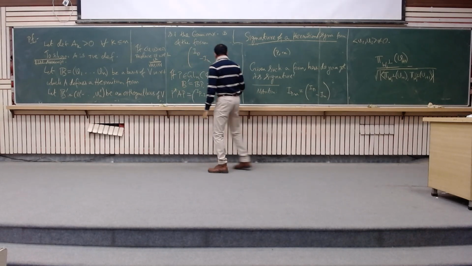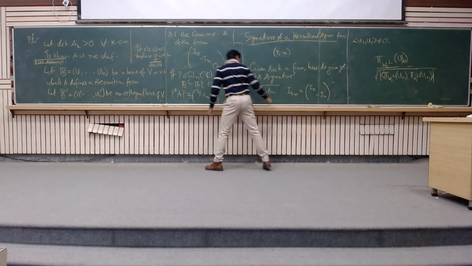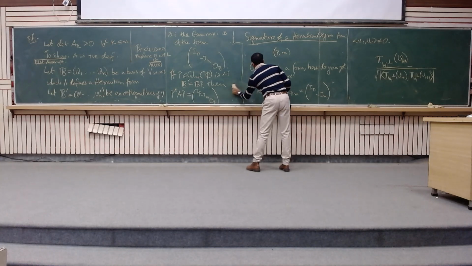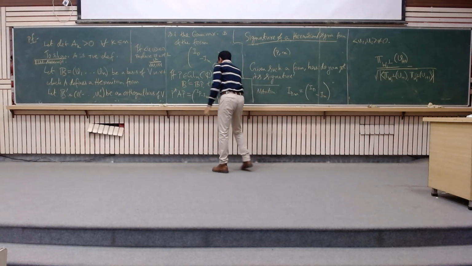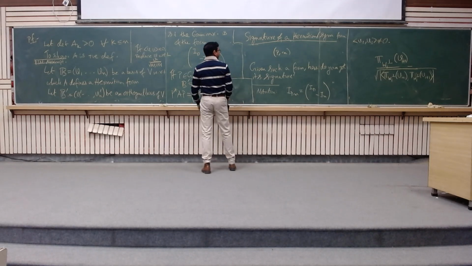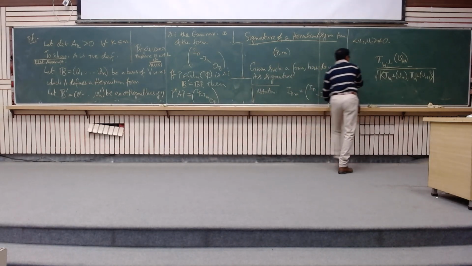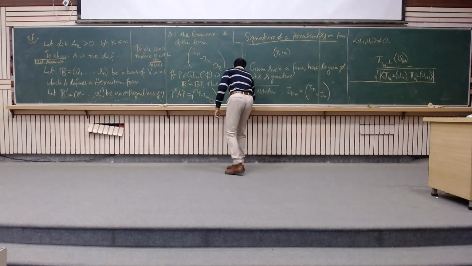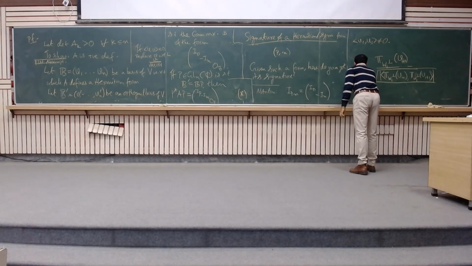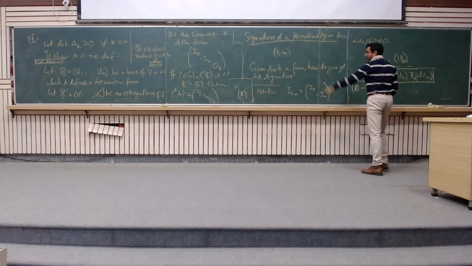Actually this one is just giving you that the determinant of this is, okay, let's write it down here as well. So let's at least finish this part of the first attempt.